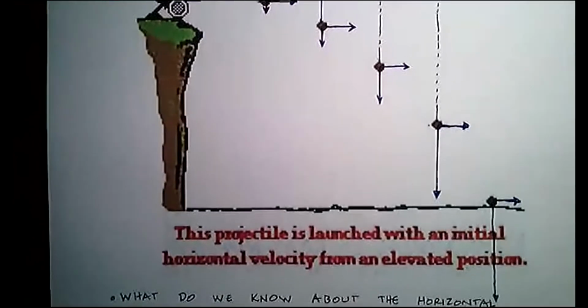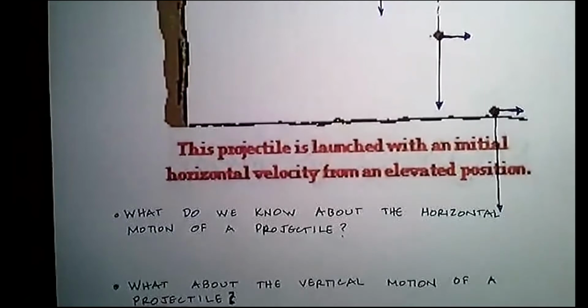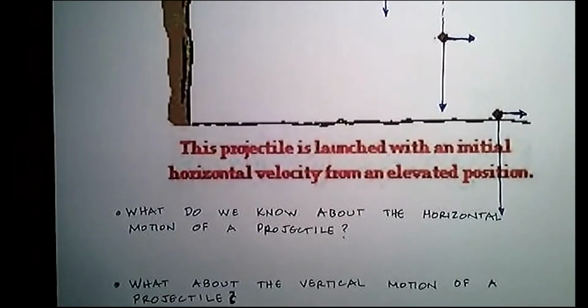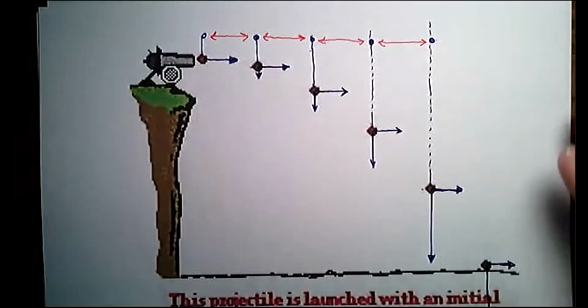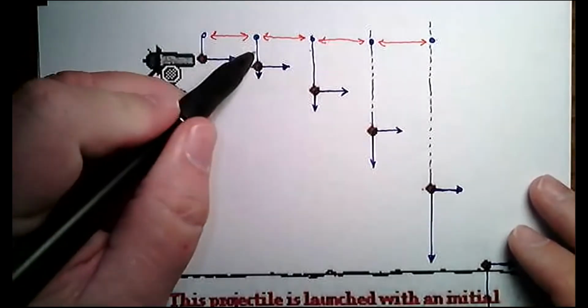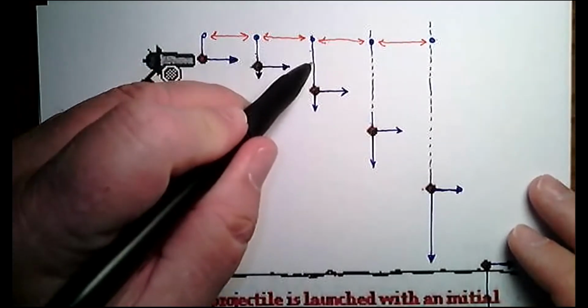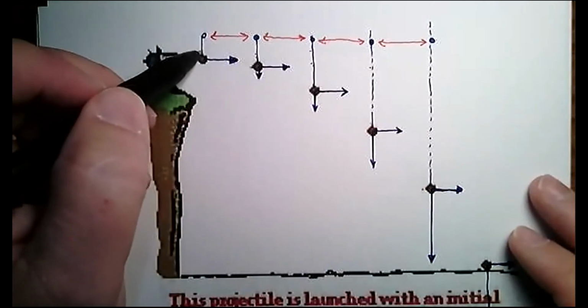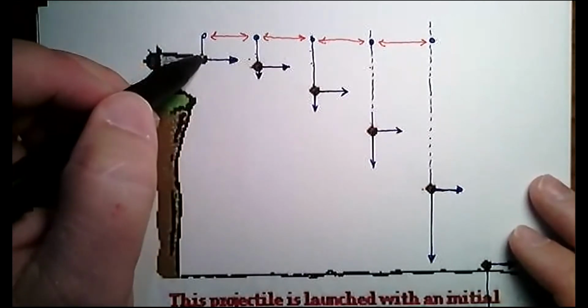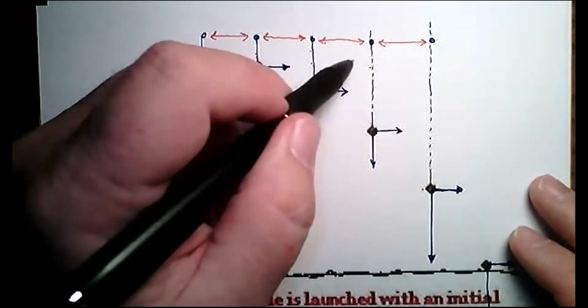If I go back, I'm going to go down here. We're going to talk about a couple of questions. What do we know then about the horizontal motion of a projectile? How does the horizontal motion of the projectile behave? Well, if it's covering the exact same distance for every unit of time, these could be seconds, they could be tenths of a second or 1/20th of a second like we did in the video.